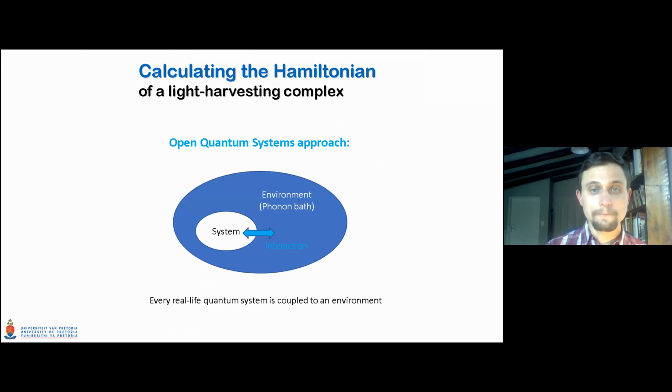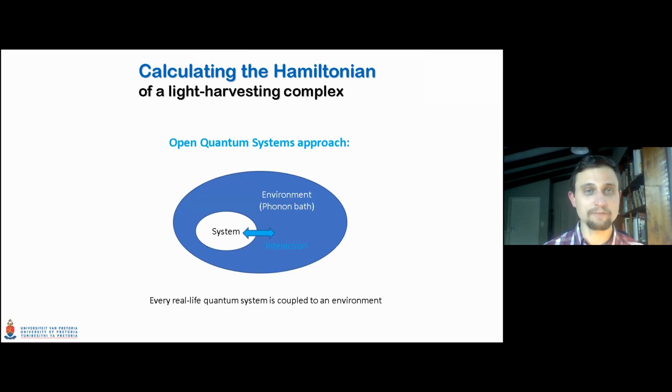Okay, so to give you another idea, if you deal with quantum mechanics, you want to solve the Hamiltonian, because once you have the Hamiltonian, you basically have a complete description of your process. And solving the Hamiltonian for these biological systems is not a trivial task.